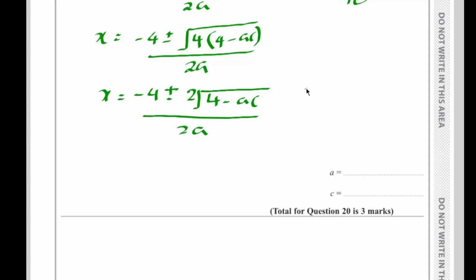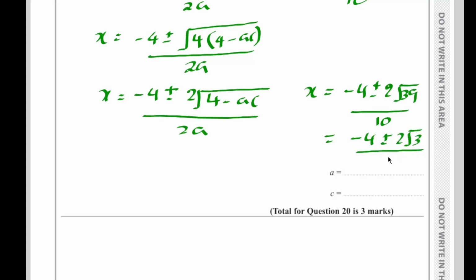So x is minus 4 plus or minus 2 root 39 over 10. Here 2 times a, therefore I'm going to write minus 4 plus or minus 2 root 39 over 2 into 5. Then instead of a, I'm having 5. Therefore I can finalize that a should be 5.